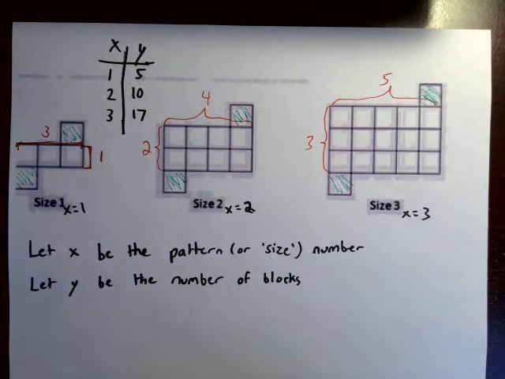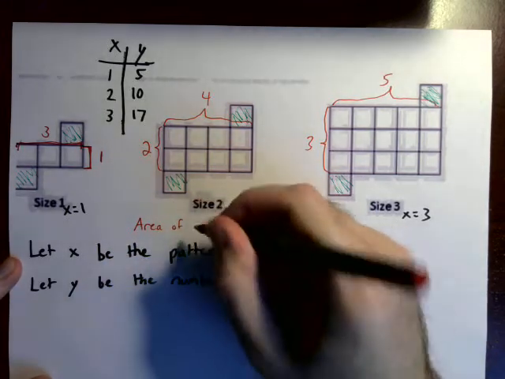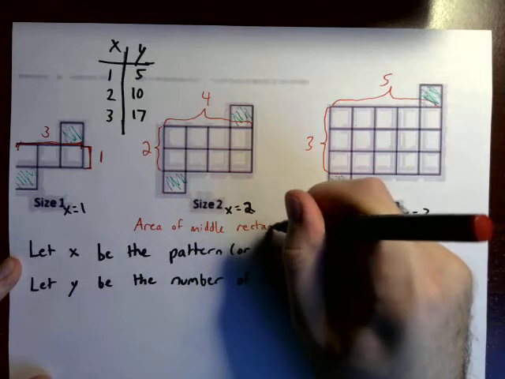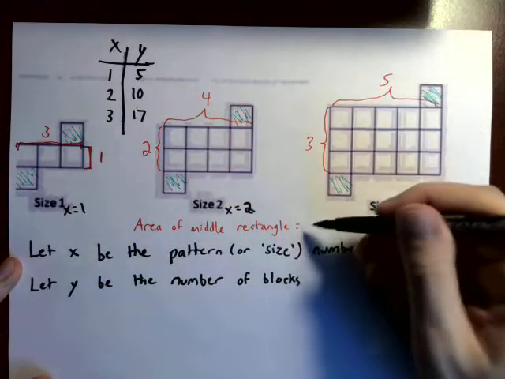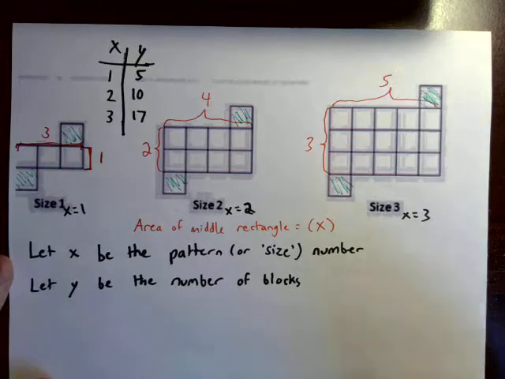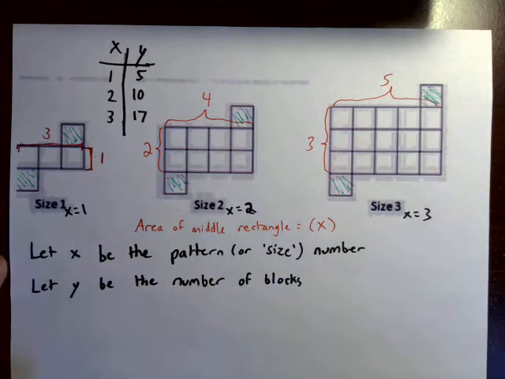That makes me think that if we're looking in terms of an area of just the middle rectangle, this is not the actual full equation yet, the area of just the middle rectangle. One of the side lengths is x, because 1, 1, 2, 2, 3, and 3. I'm pretty convinced of that just by that point. So I think that one of the side lengths is going to be x.